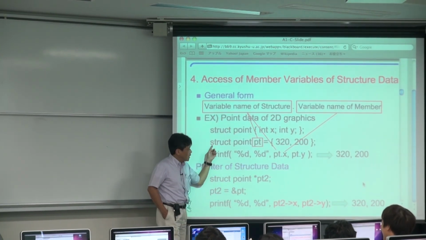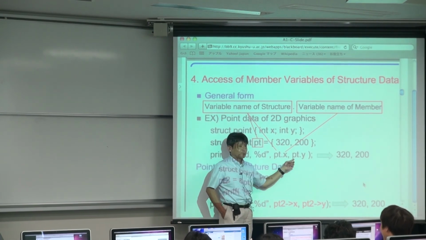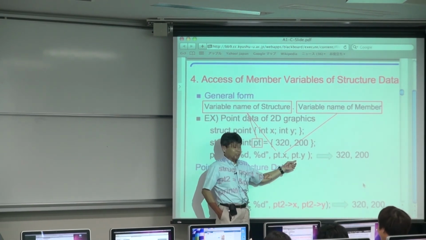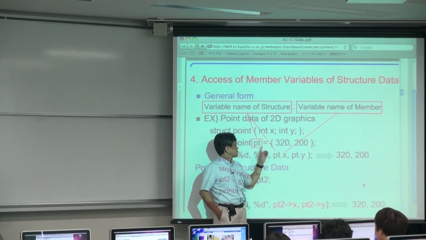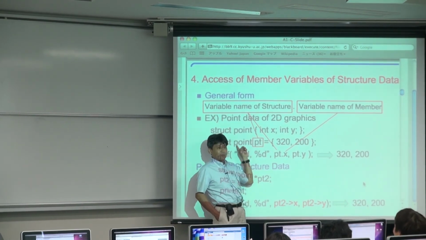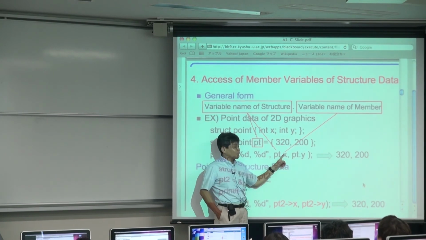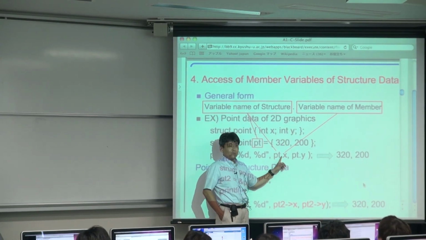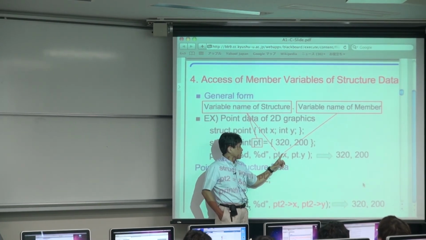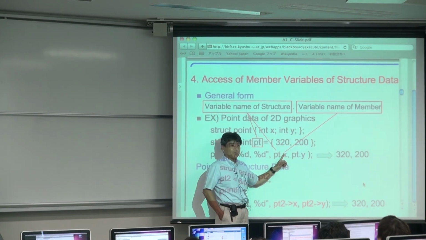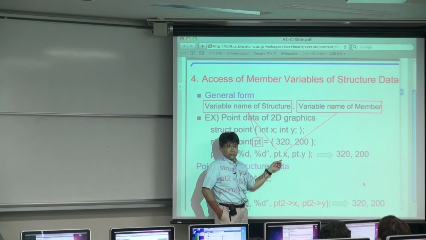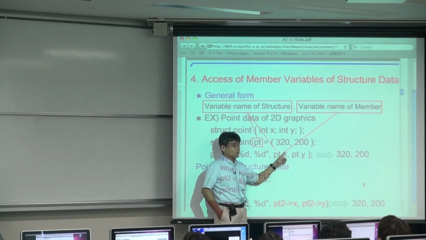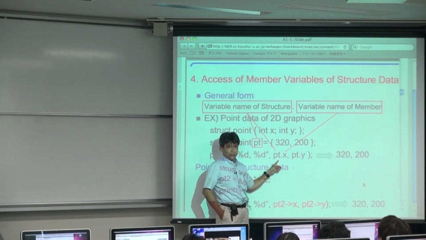After using this form, this is important: pt is the variable name for the structure type, and pt.x, using a dot and the member variable name, lets you access the contents of these variables.